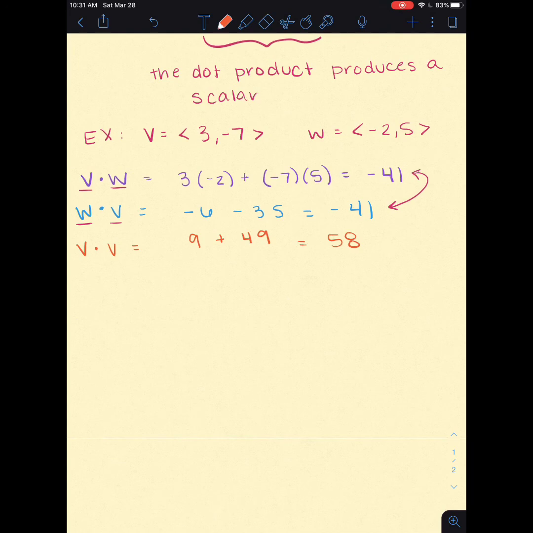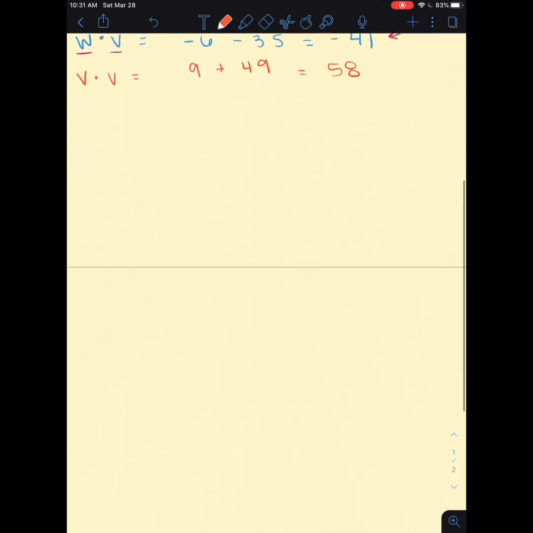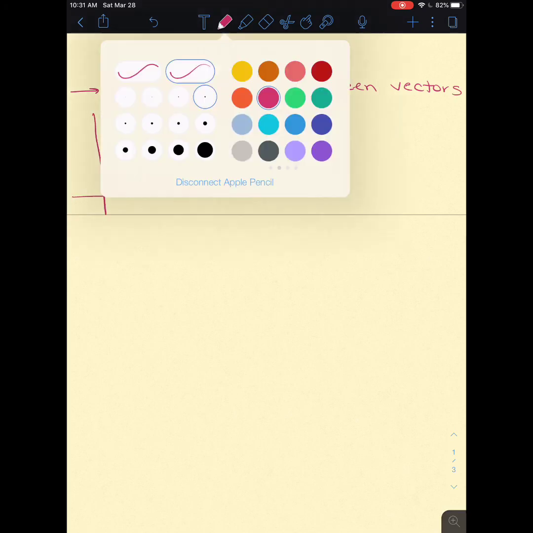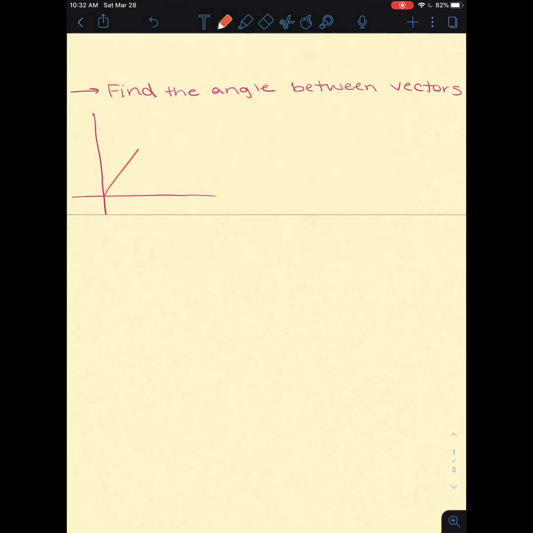Okay? All right, another thing that we want to be able to successfully do in this section is be able to find the angle between vectors. So I'm going to begin by drawing a picture just so you're visualizing what we're working with here. I'm going to begin by drawing vector v. V is in orange.